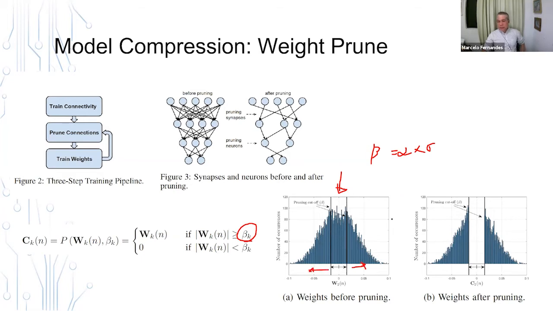So the idea is to remove all connections close to zero, but you can use several decision algorithms to choose which weights you remove.